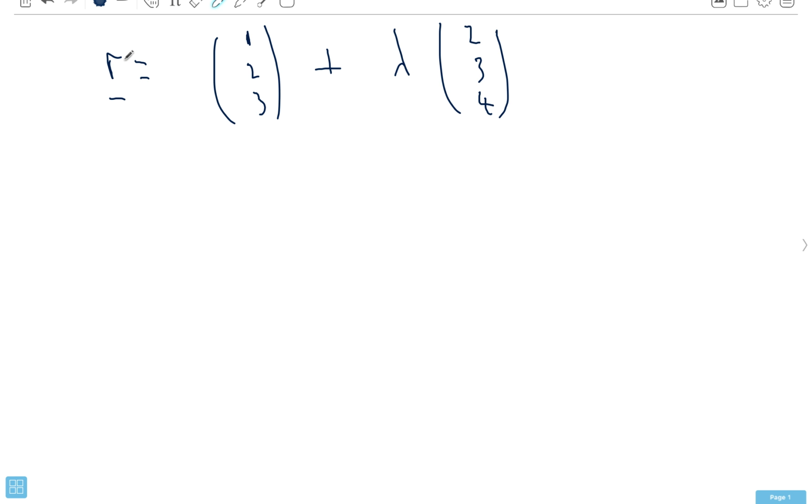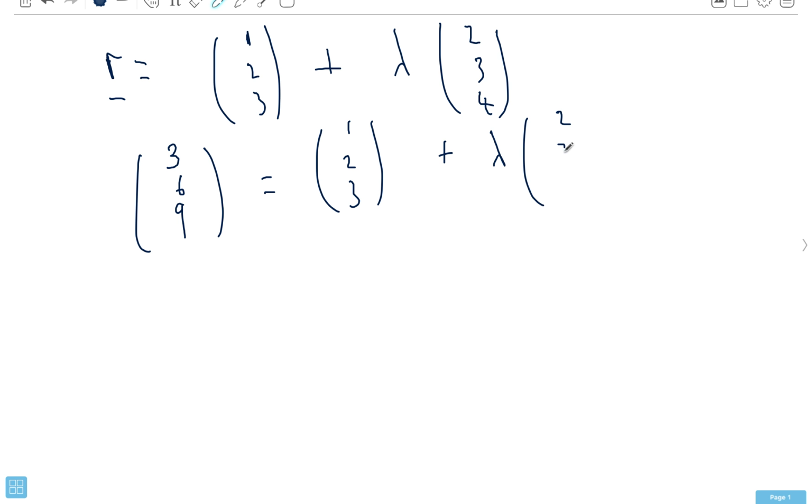Now, if I wanted to find out if a point was on this line, then I'll just put it into this equation. So if I then ask if (3, 6, 9) was on the line, then I'd say that's equal to (1, 2, 3) plus lambda (2, 3, 4).